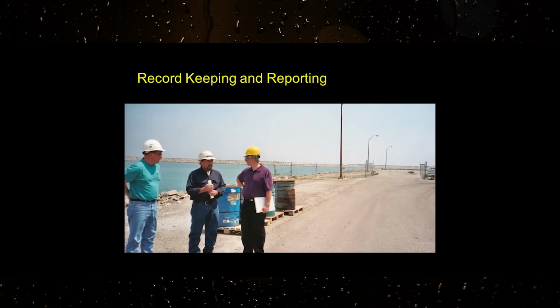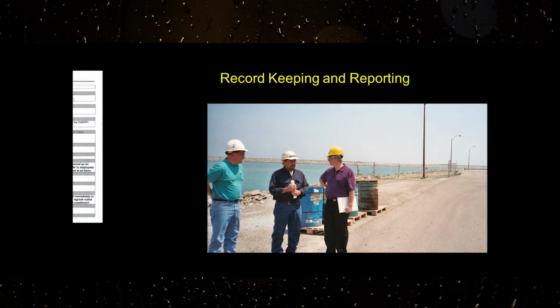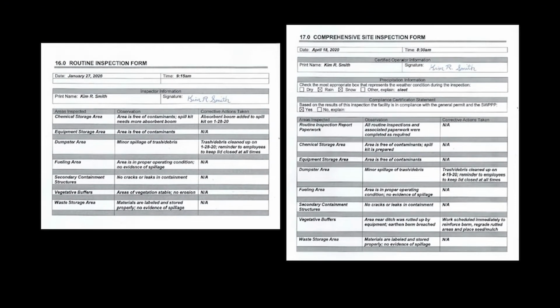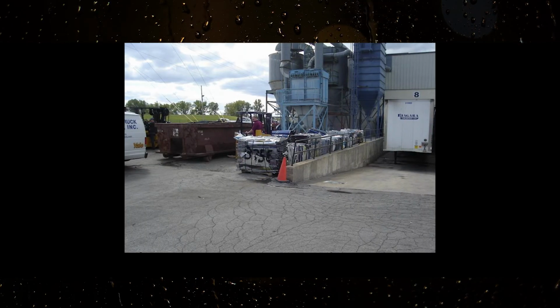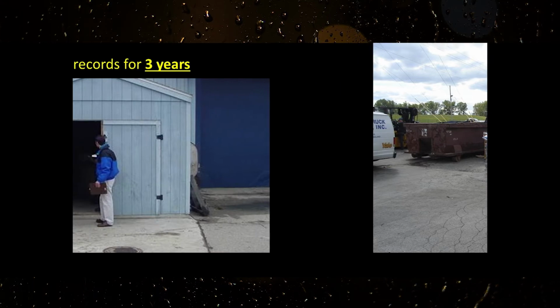Keeping records and reporting events that occur on site is an effective way of tracking the progress of the pollution prevention efforts. Reviewing these records can provide some useful information for developing improved controls for problem areas. Record keeping and reporting represent good operating practices because they can increase the efficiency of the facility and the effectiveness of the controls.